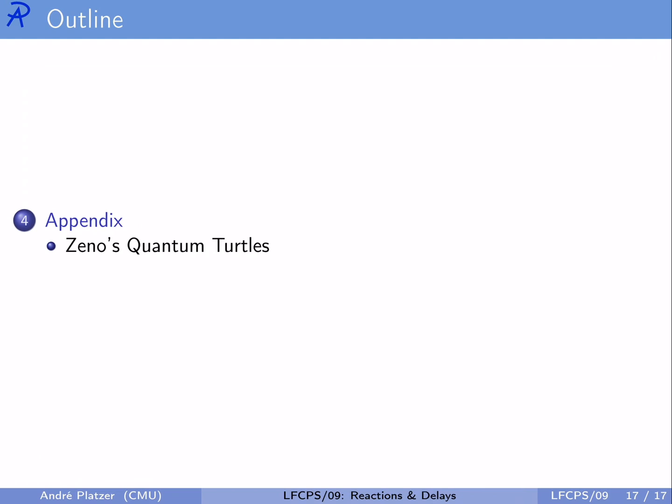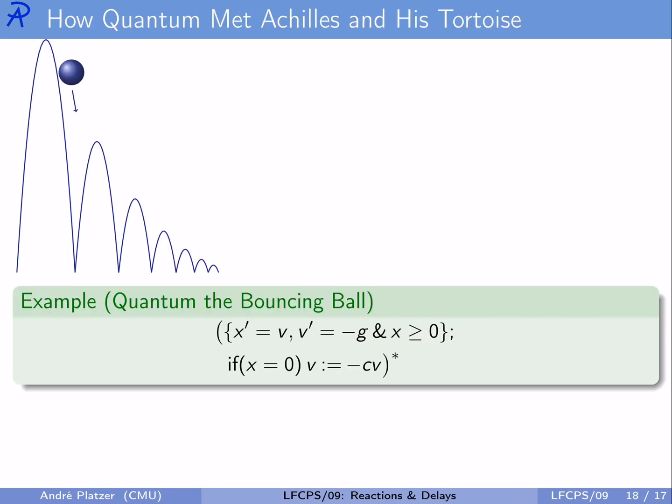A different topic that, however, has some interesting lessons for us in store that are typical hybrid systems lessons and does fit to the phenomenon of time is what we will see in Zeno's quantum turtles. Remember how the bouncing ball is bouncing as we change time and plot position over it?